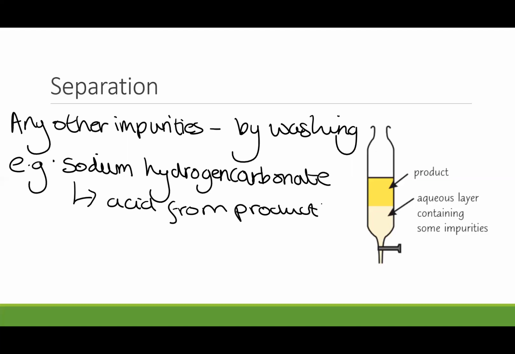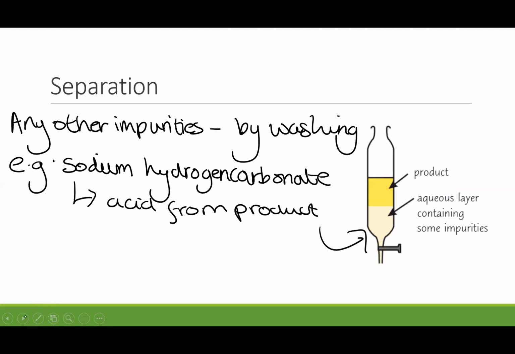The acid will then react with the sodium hydrogen carbonate and would give off CO2 gas, and then our organic product can be removed using a separating funnel like you can see here. So sometimes you need to purify some of it before. So that's one way we can separate and remove water-soluble impurities, and even water-soluble impurities when your product's water-soluble as well.